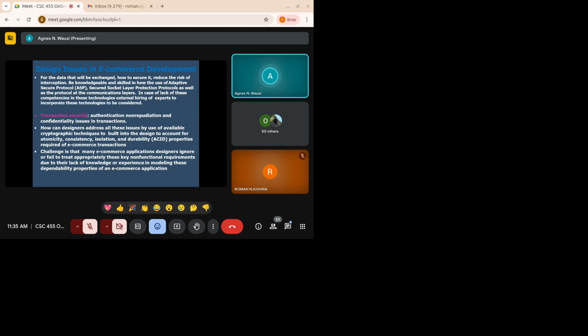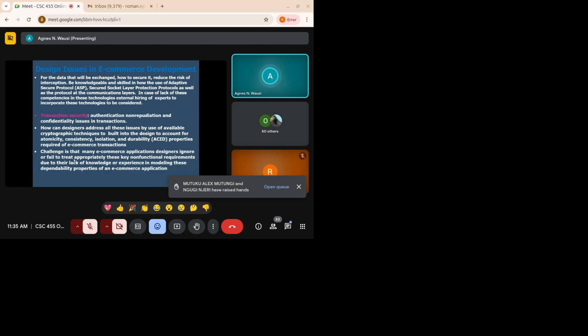Actually, you guys should be giving us the examples. So, how is data protected over the network? How have you seen data being protected over the network?